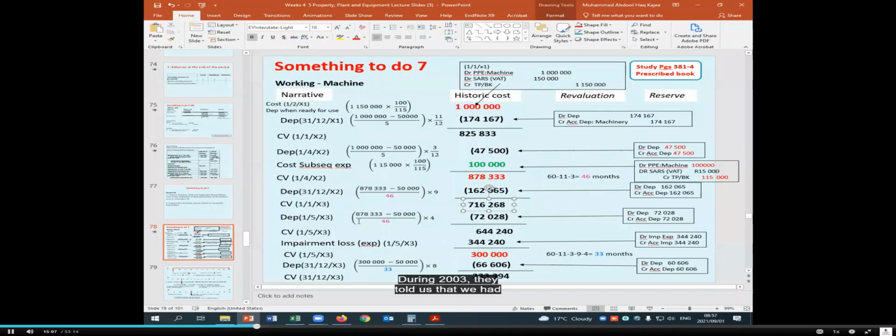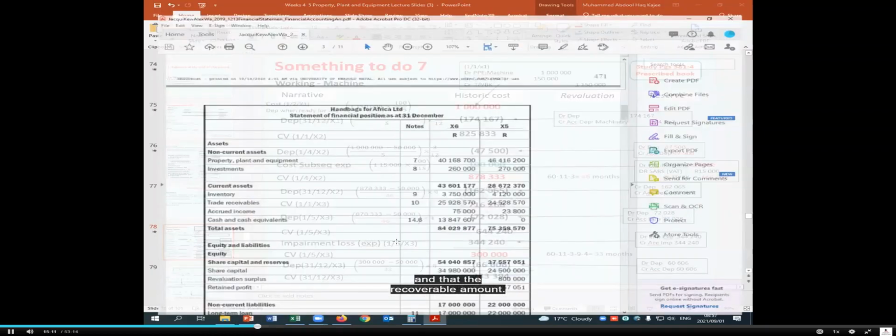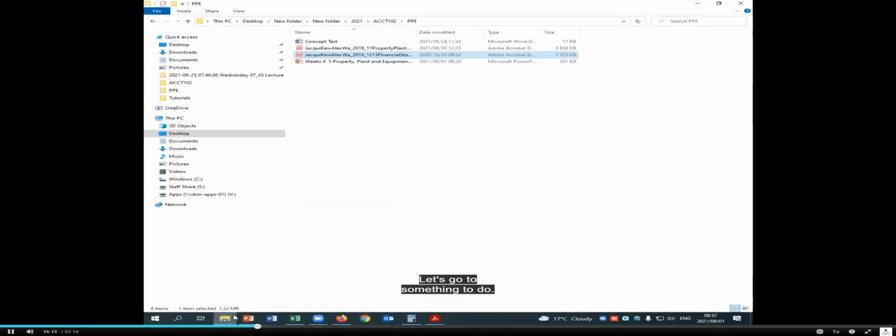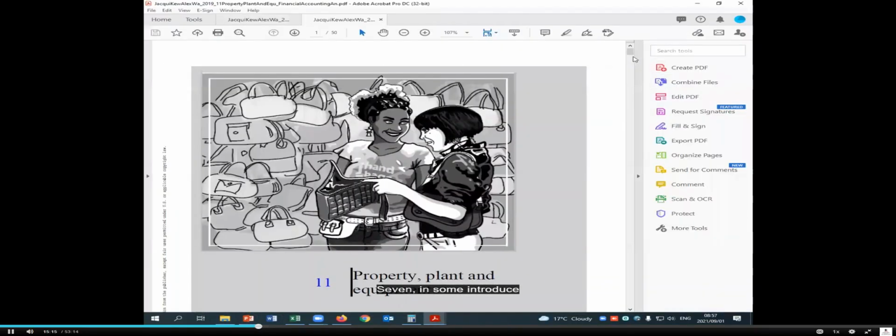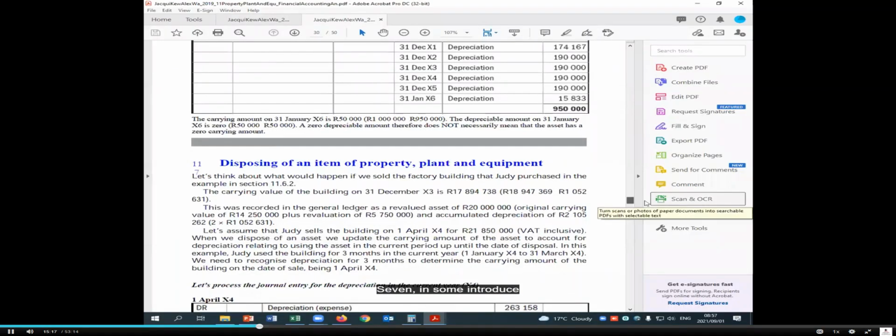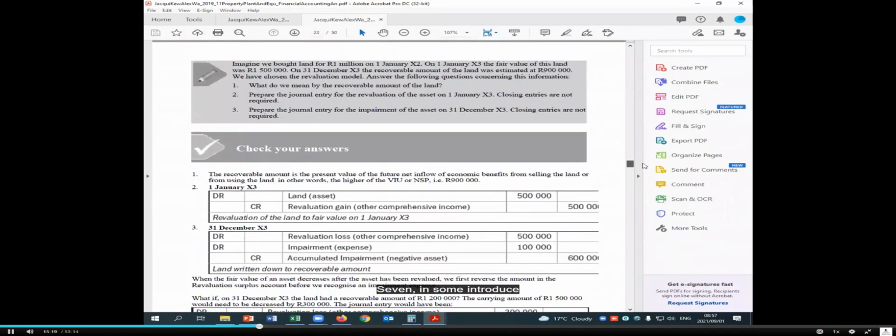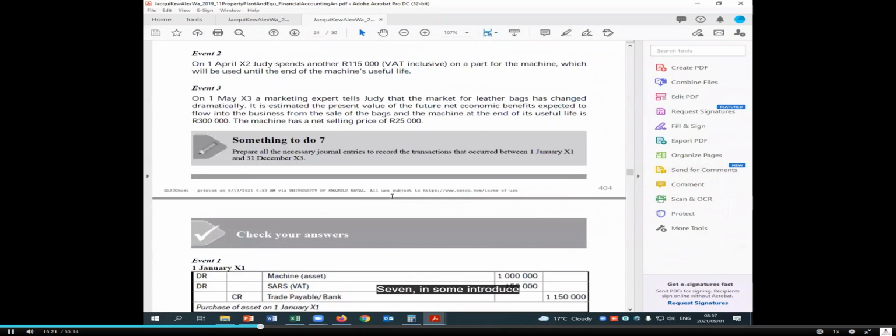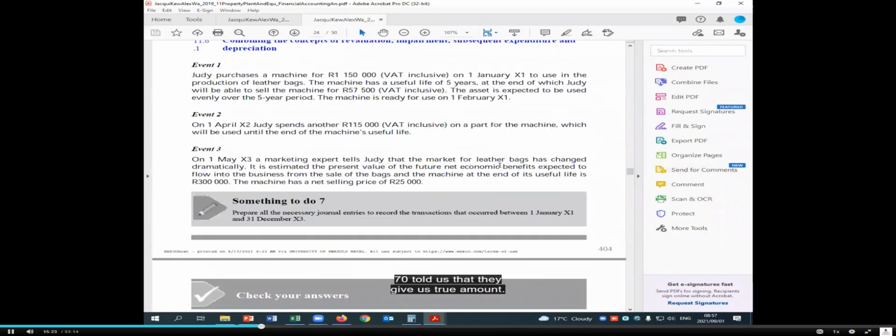During 2003, they told us that we had the recoverable amount, let's go to IAS 36. Right. In IAS 36, they give us two amounts. They tell us that basically the value in use was 300,000 and your net selling price was 25,000.